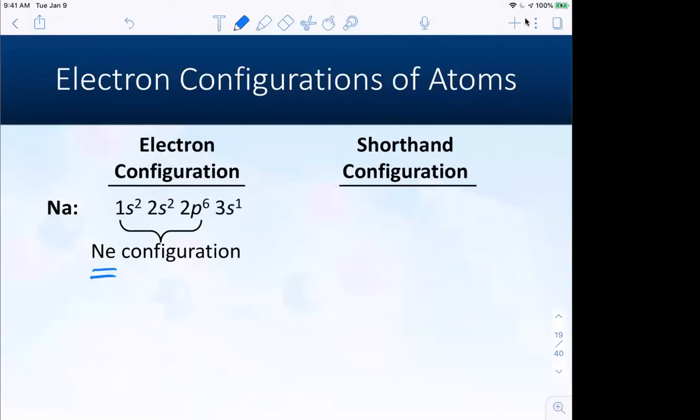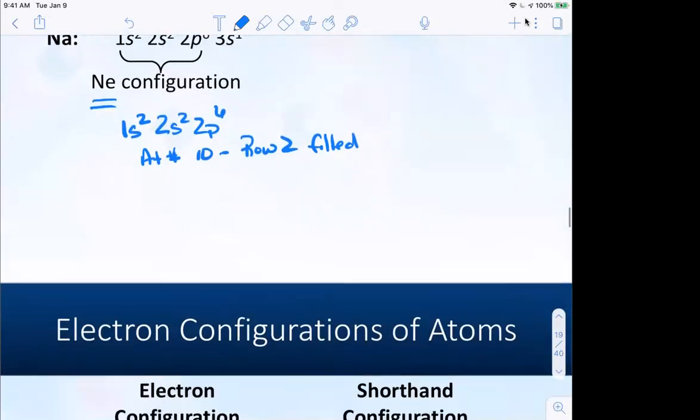So neon has this configuration, 1s2, 2s2, 2p6, because it's atomic number 10. And that row 2 is now filled. So the second shell is now completely filled. So I can designate that as neon in brackets.